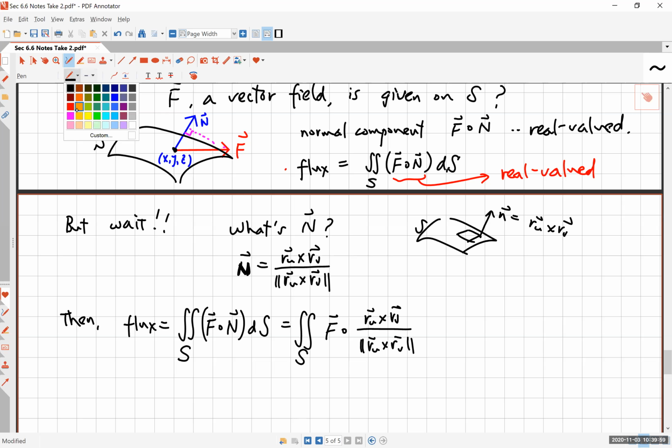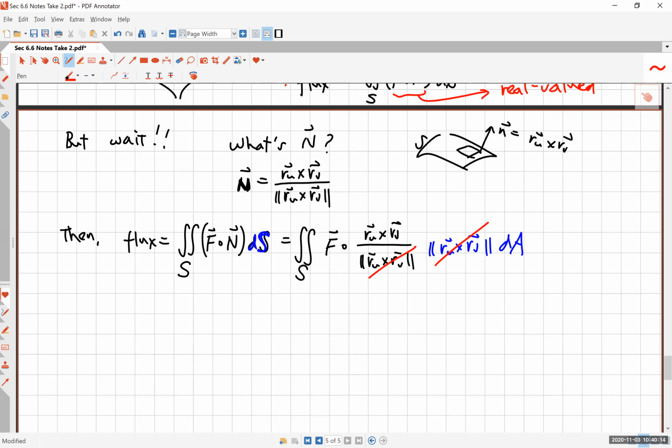And then this part here, dS. What was dS? dS was the norm of RU cross RV times dA. And watch, this and this cancel each other. And so that's why I said the flux integral turns out to be often easier to calculate.